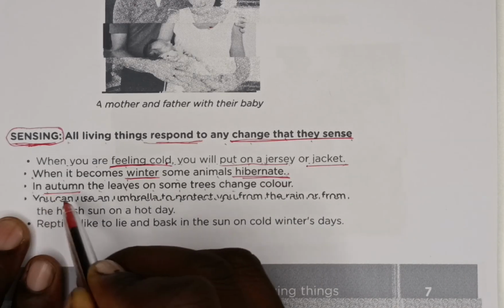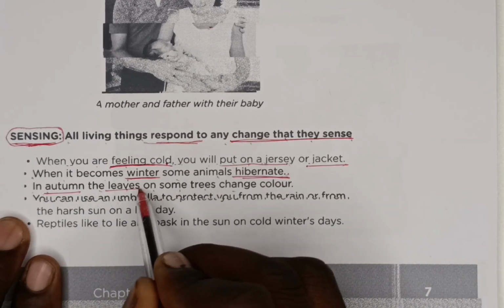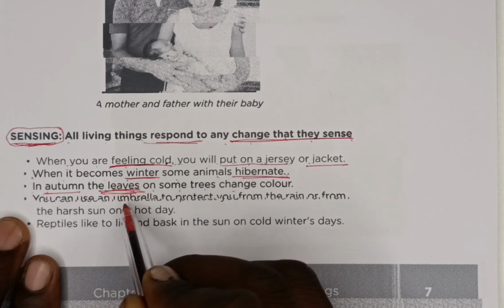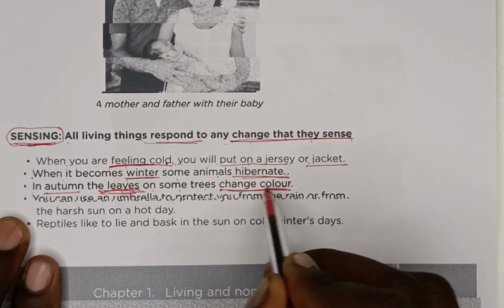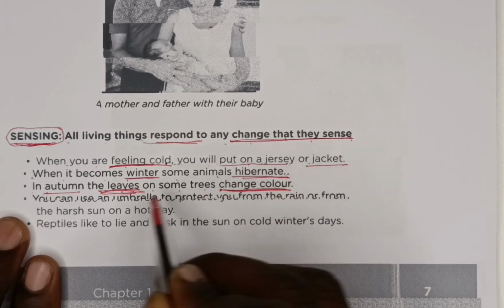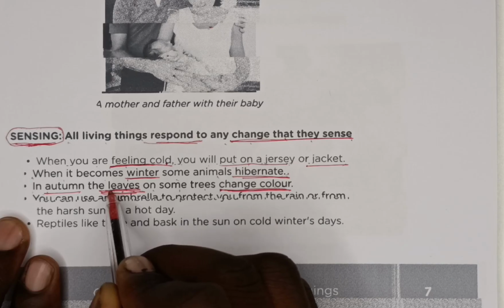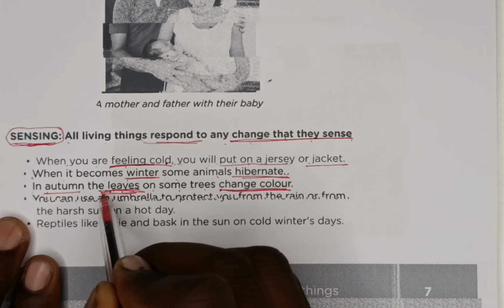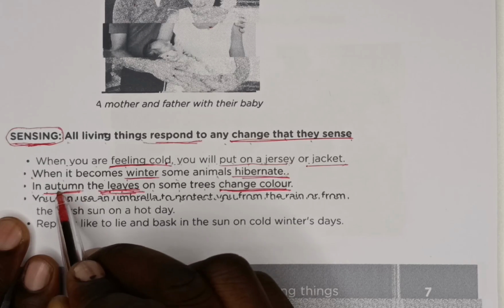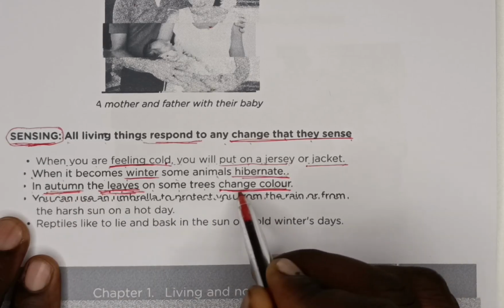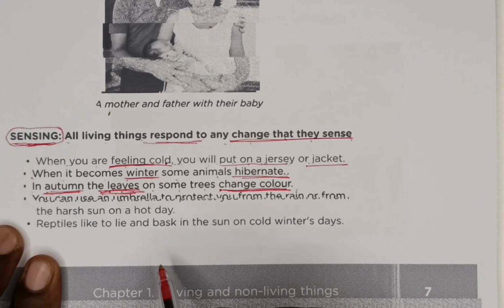So in autumn, the leaves sense that the season has changed, and as a result, they change color. So they respond to what they feel. They respond to what they sense.